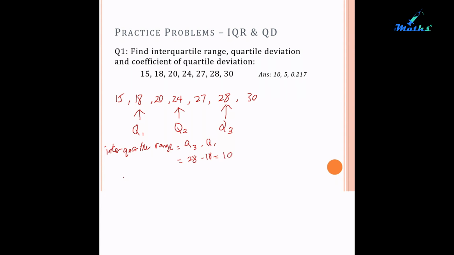Okay, so good. Next we will need to find the quartile deviation. What is the function of quartile deviation? Q3 minus Q1 divided by 2. So the answer is 28 minus 18 divided by 2. The answer is 5.